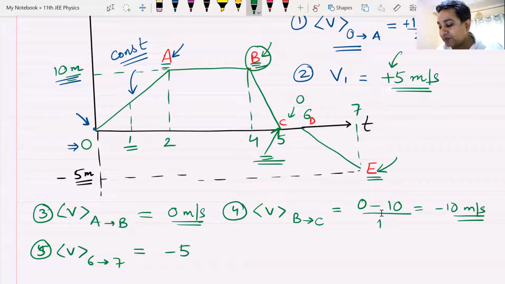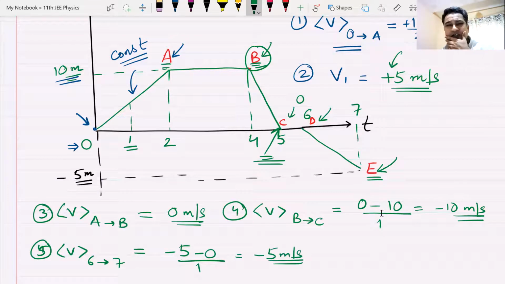Minus 5 is point E, divided by the time. This is the average velocity.